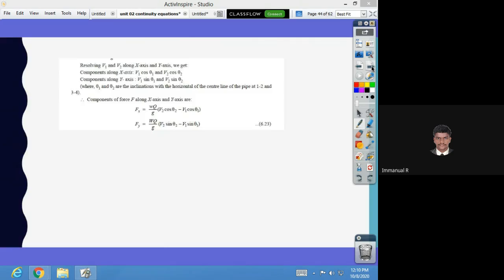Resolving the V1 and V2 along the x-axis and y-axis. The velocity will look like this, if I resolve. This thing you will study in engineering mechanics. In engineering mechanics you resolve the force, but here we will resolve the velocity, because force as well as velocity are both vector quantities.